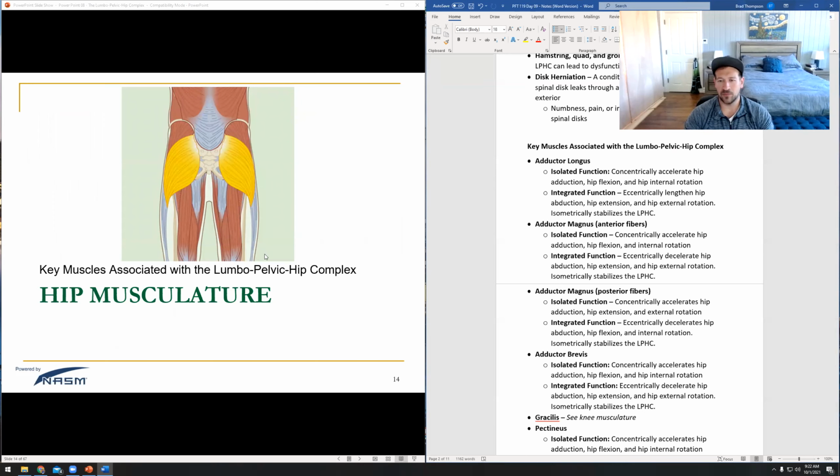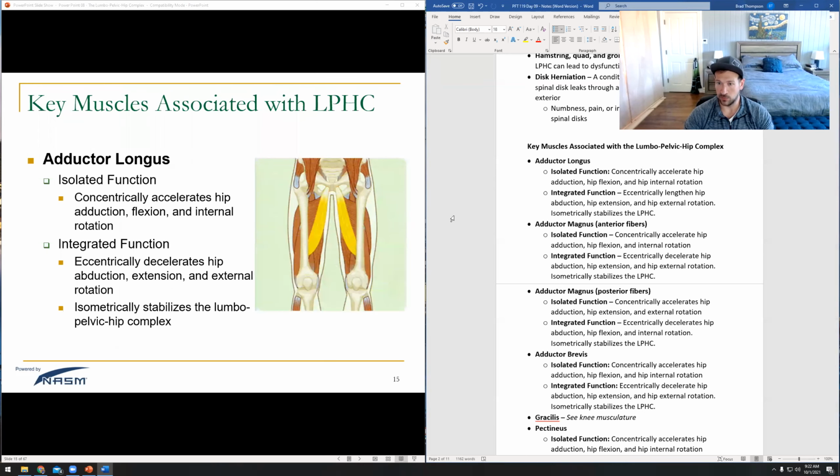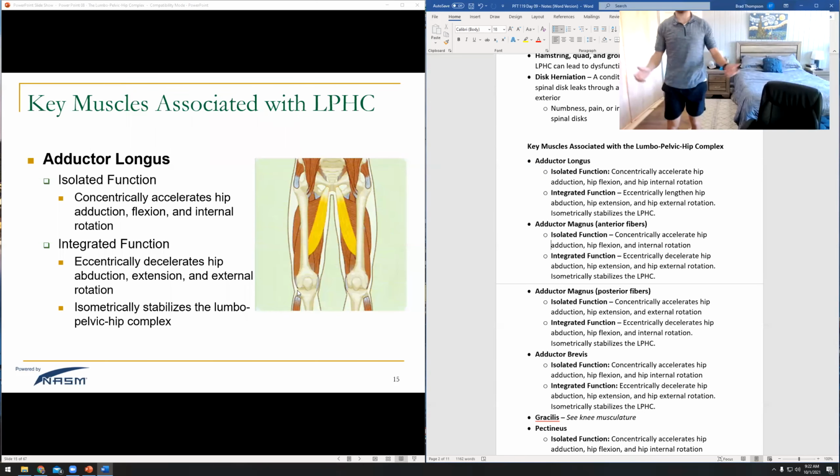So we're going to start with the adduction movement today. Like I said earlier, the main movements that we're going to see are hip flexion, hip extension, hip abduction, and hip adduction, that's AD, right? My legs being abducted by aliens, I'm adding it back to my body.